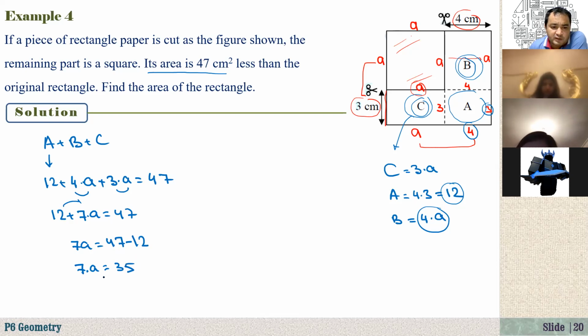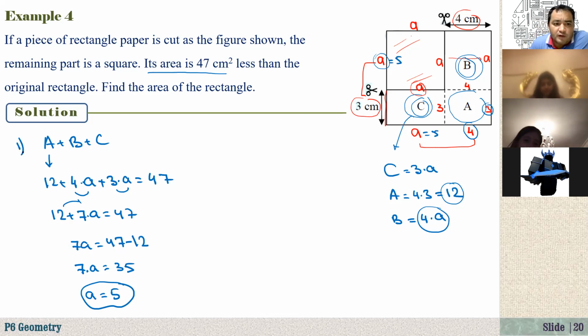So 7 times what number is 35? A is equal to 5. So the side of the square A is equal to 5 centimeters. Now, what is the question? Find the area of the rectangle. Now that we know A, instead of A, I can write 5.